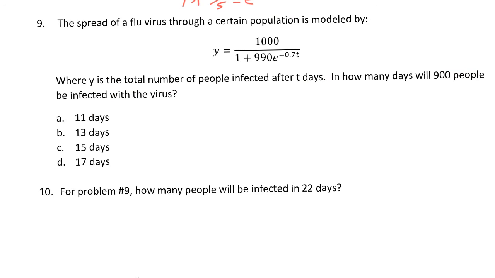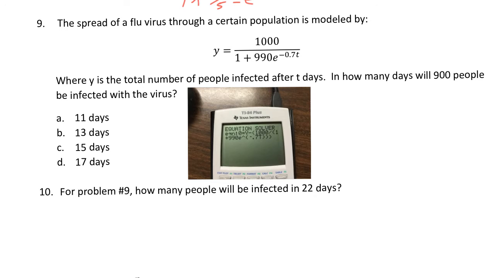Okay, number 9 has the solver written all over it to me, so I'm just going to type this into my solver and I'll take a picture of it for you. Okay, so there's a picture of what my solver looks like with that equation in there. Basically, remember, you move the entire right side to the left side by subtracting and containing the entire right side in parentheses.